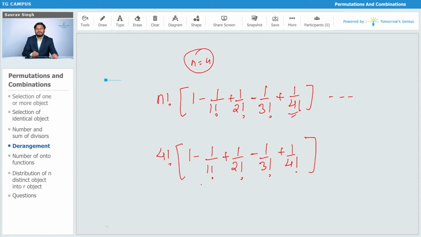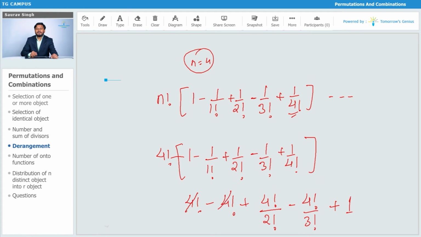Let us simplify this. This is 4 factorial into 1 is 4 factorial, minus 4 factorial upon 1 factorial, which is 4 factorial, plus 4 factorial upon 2 factorial, minus 4 factorial upon 3 factorial, plus 4 factorial upon 4 factorial, which is 1.